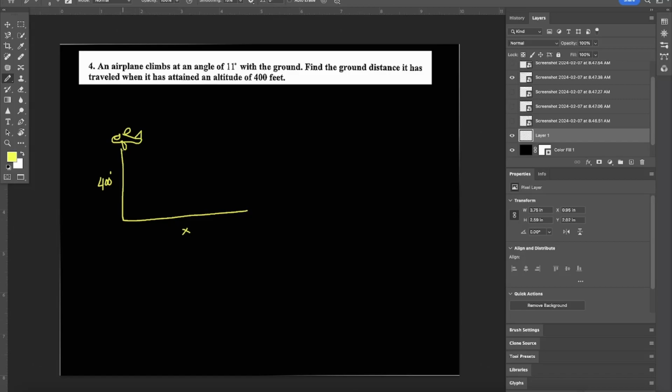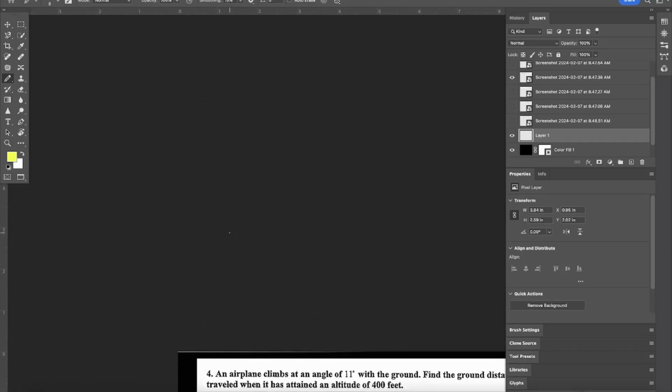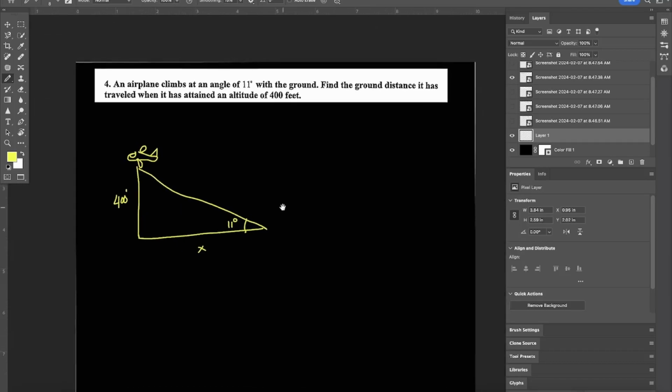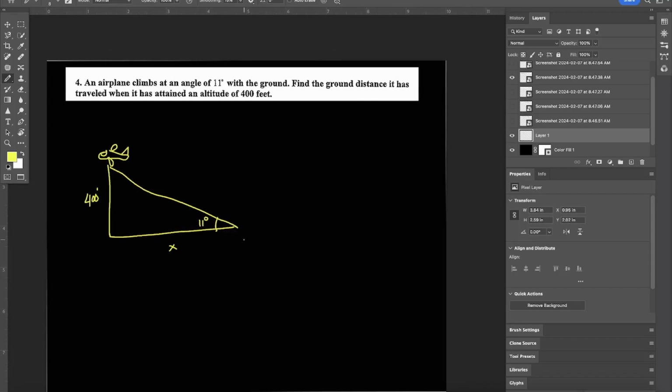This is the angle of our airplane, an 11-degree angle. So this is our diagram for today. That's an airplane. It already has a vertical distance from the ground of about 400 feet. And we're being asked for the ground distance it has traveled. So this part right here. It's moving again. It does kind of move a lot.